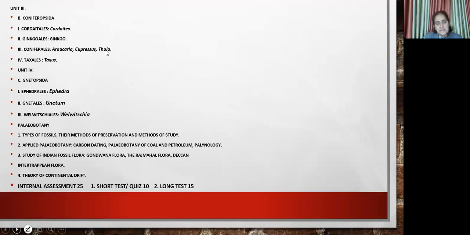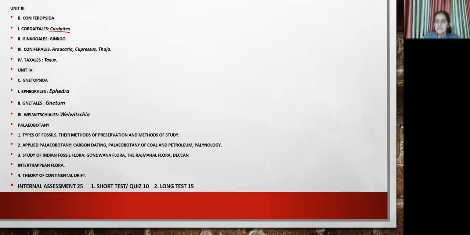Next, come to unit 3. This also consists of genus studies. Second class, Coniferopsida. Under this class, the first order is Cordaitales, in which you have to study the genus Cordaites. This is also a fossil genus. So 4 genera there and this 1 fossil, you have to study 5 fossil genera.